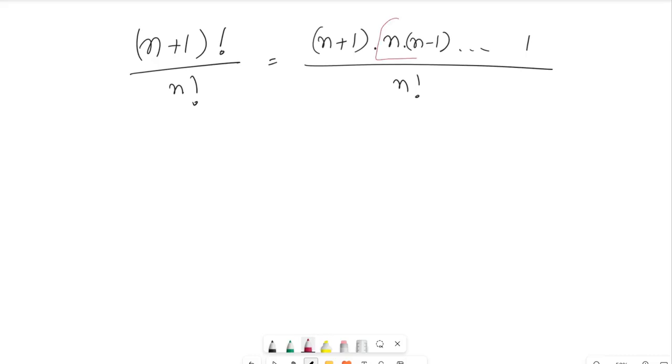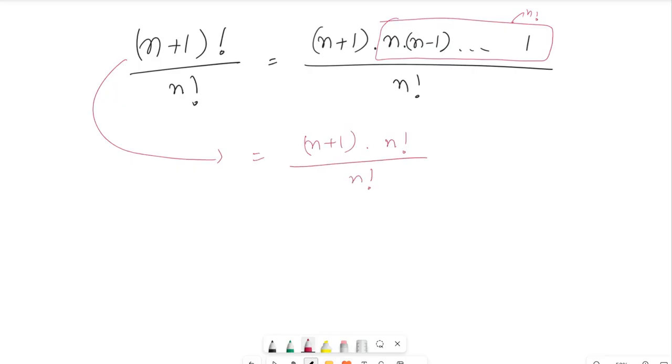Now you guys notice this much is n factorial, right? So this can also be written as n plus 1 times n factorial divided by n factorial. N factorial will be cancelled. The answer would be just n plus 1.